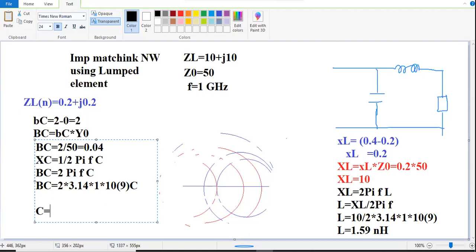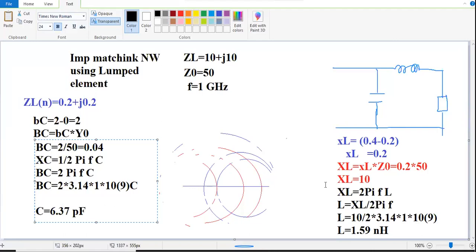What will be the C? C value? 6.36 picofarad. Rounding up, it will be 6.37, right? Yes, sir. Okay, so 6.37 picofarad.